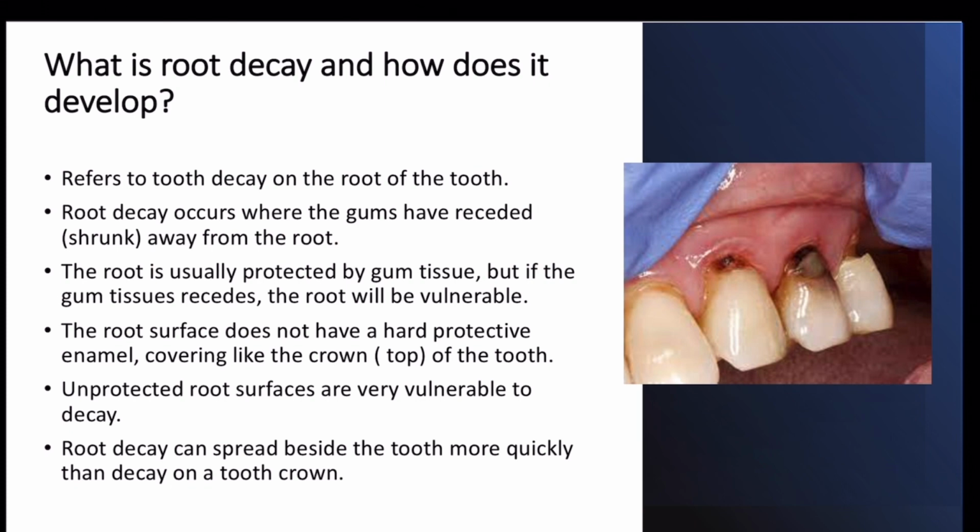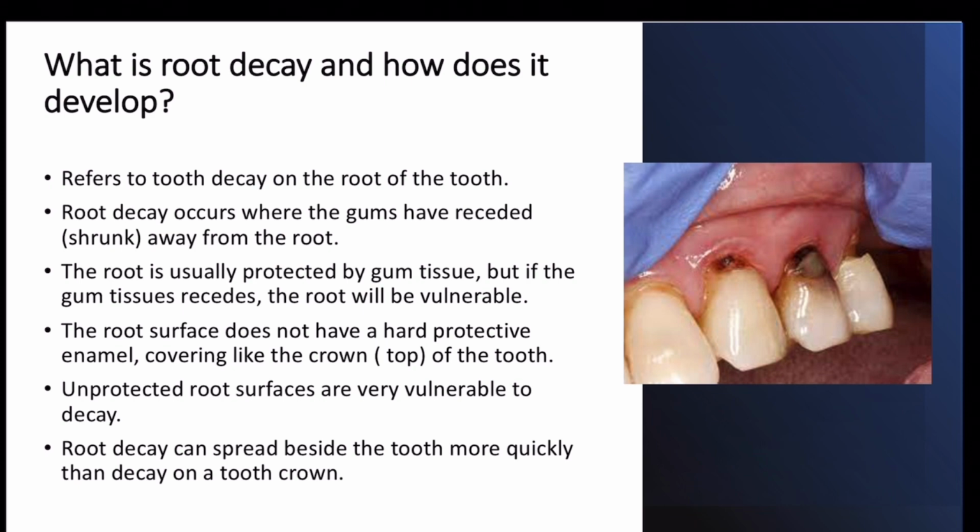So what is root decay and how does it happen? As I mentioned before, root decay is the decay which happens on the root of the tooth. Root decay occurs when the gums start to shrink, meaning they recede away from the root. The root is usually protected by the gum, but once the gums recede, the root will be vulnerable.